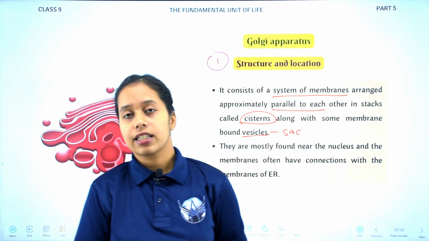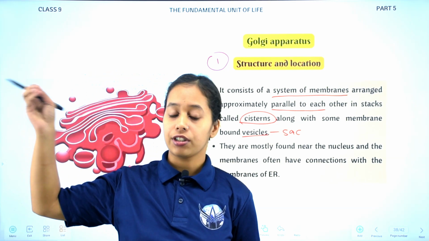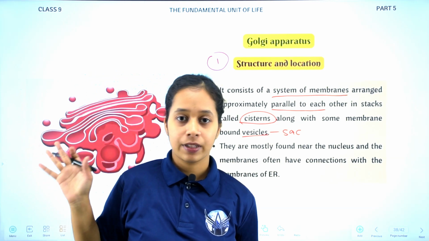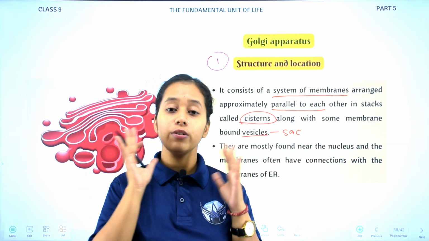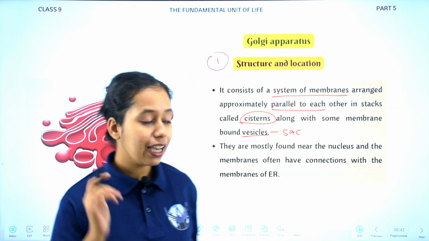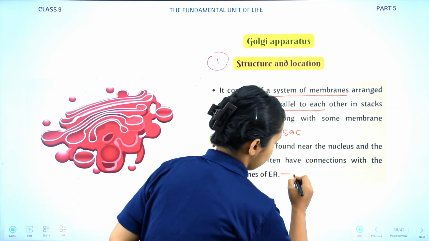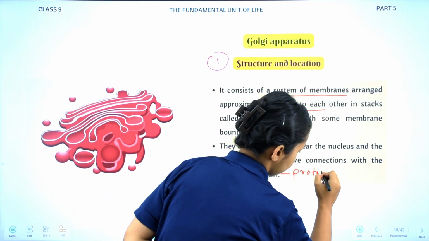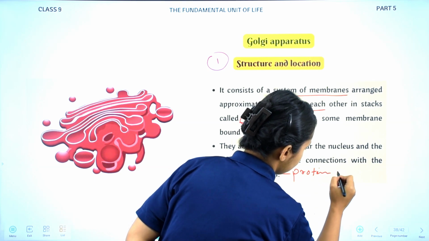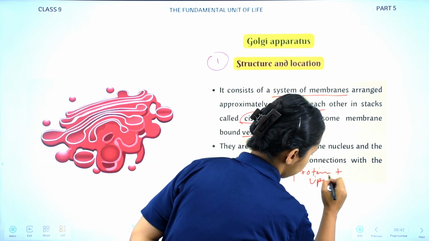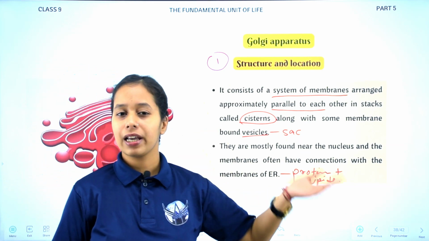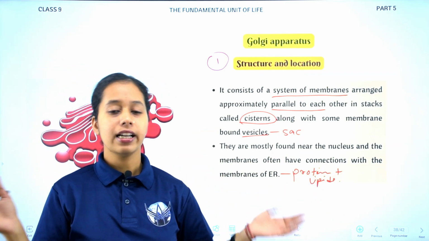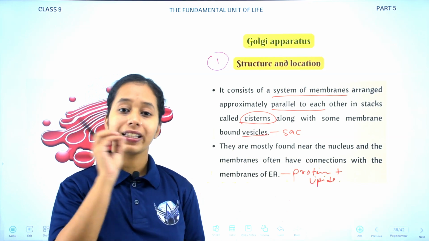Let me first ask you, what does ER synthesize? Last class we discussed the ER, that is the endoplasmic reticulum. ER makes proteins and lipids. One is made by RER, the other by SER, but let us not be that specific.